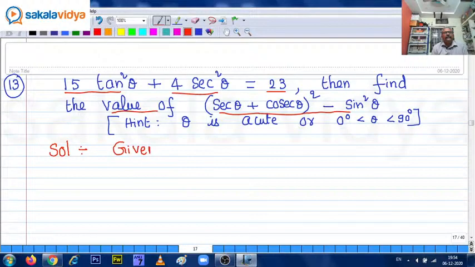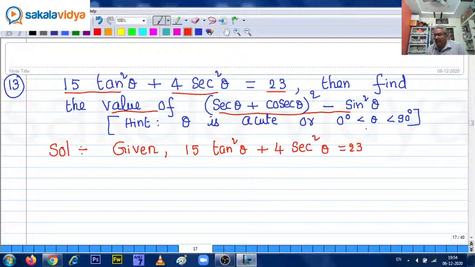What is given? 15 tan square theta plus 4 secant square theta equals 23. These kinds of equations are called trigonometric equations. In 11th standard intermediate, you are going to study trigonometric equations in detail, but we discuss something now. We have the relation secant square theta minus tan square theta is equal to 1. Am I correct?